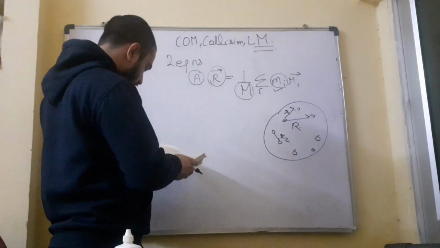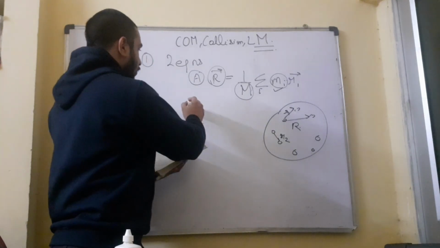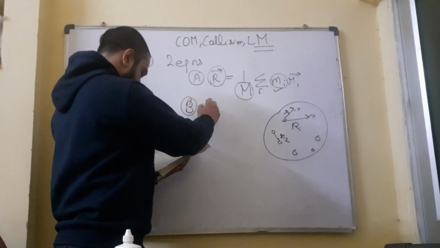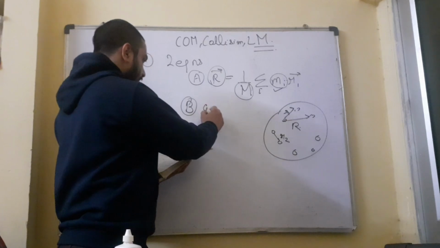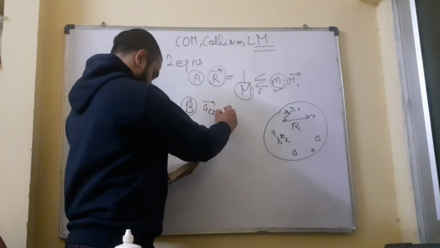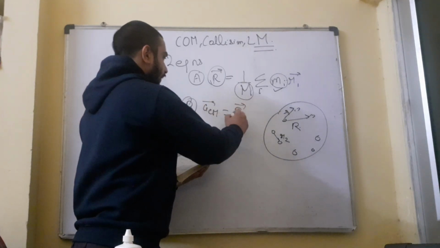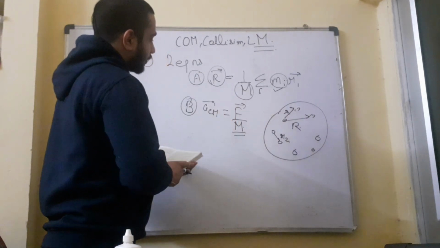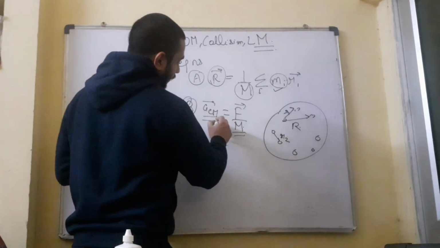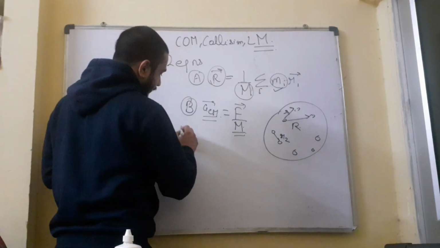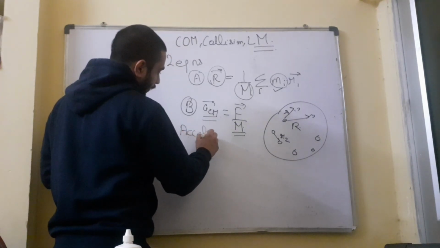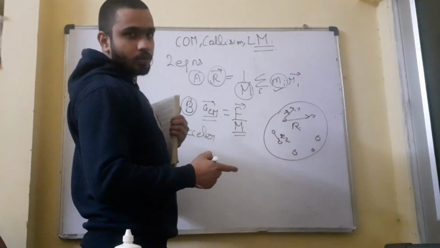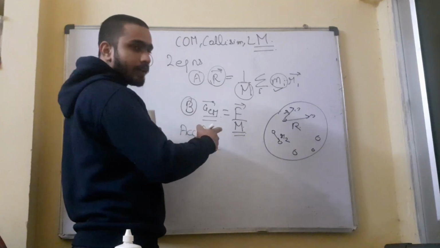The second equation is A_CM equals capital F by M. This A_CM is nothing else but the acceleration vector. We know that acceleration is a vector.